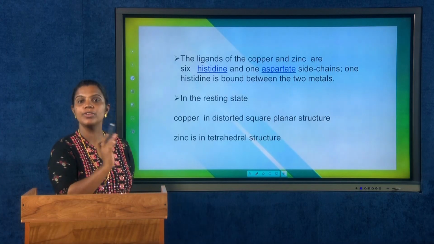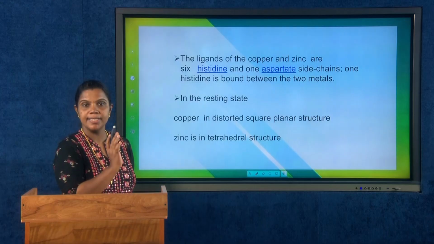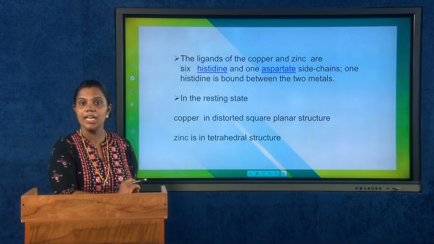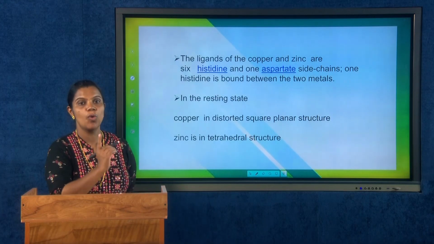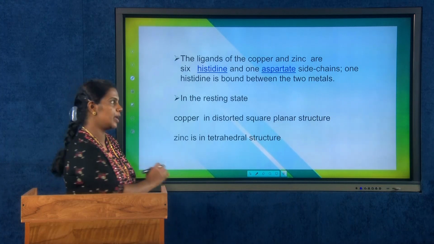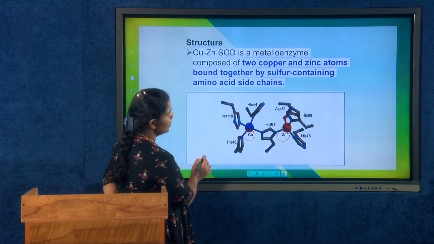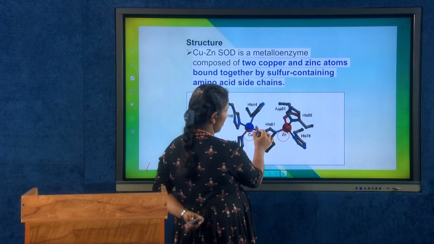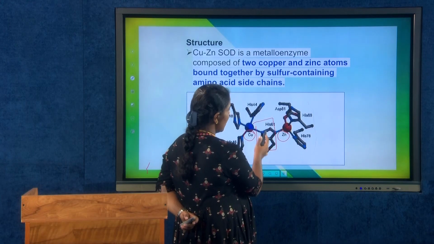The ligands of the copper and zinc are 6 histidine and 1 aspartate side chains. One histidine is bound between the two metals.